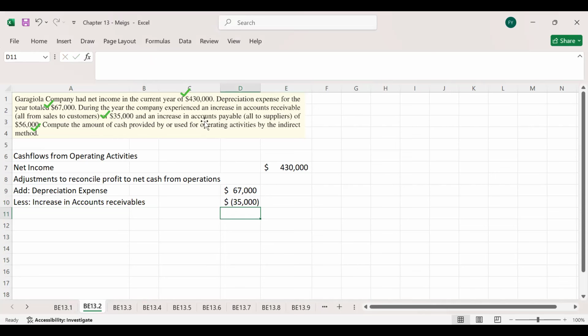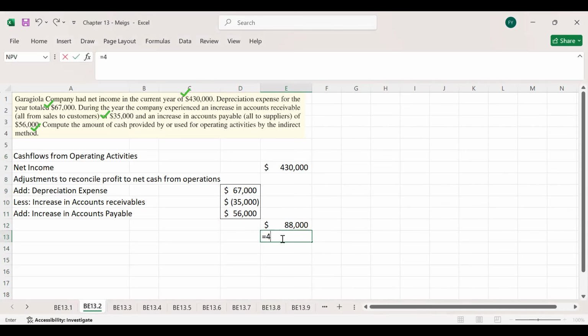Then there's an increase in accounts payable. If there's an increase in liabilities, this means that the cash is also increased. So we add the increase in accounts payable, which is 56,000. When we add it, the total of these adjustments amounted to 88,000.